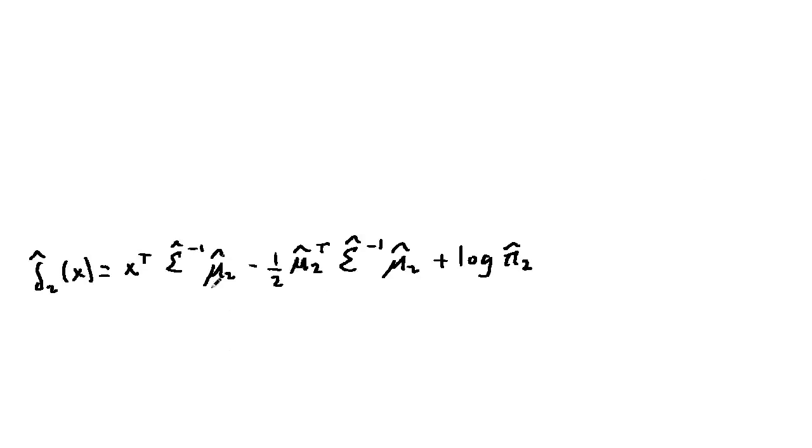Now delta 2 hat of x is given by this formula, the same thing as delta 1, except we have mu 2 hat and pi 2 hat. For this we get 7 and -2.